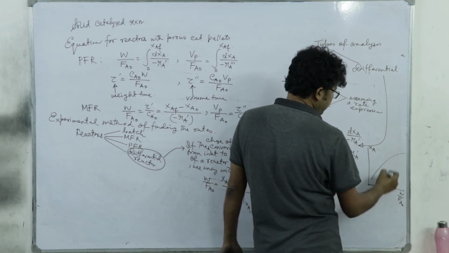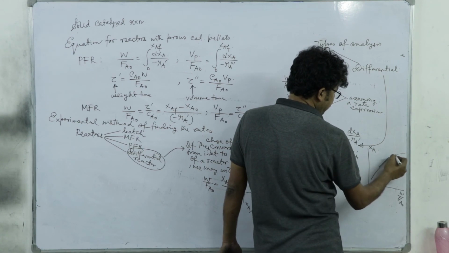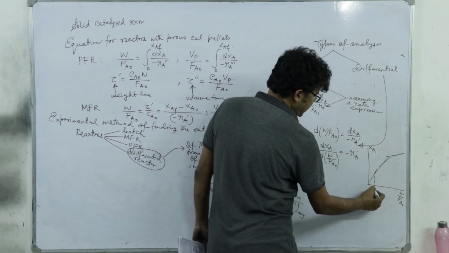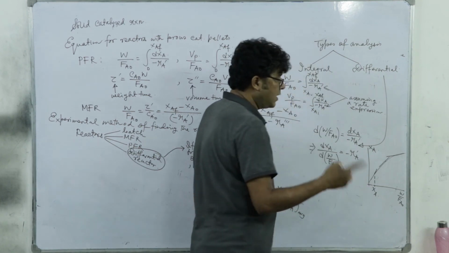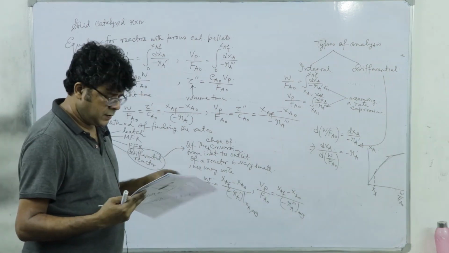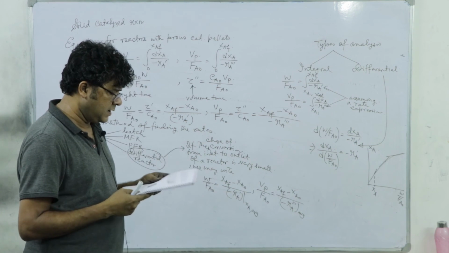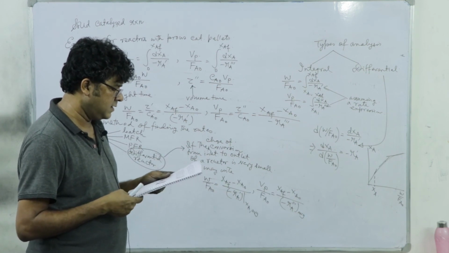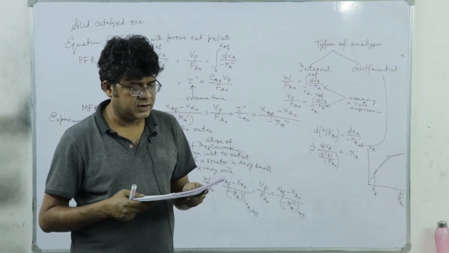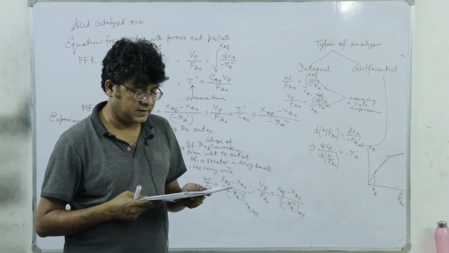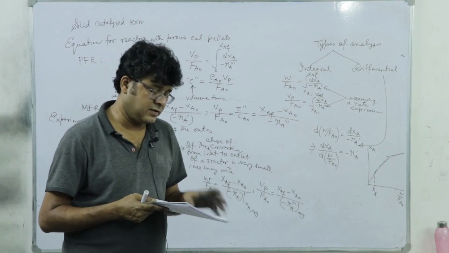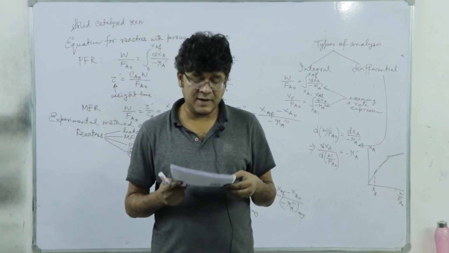Here the derivative at each and every point will give you the respective rate, and at that point, as xa is known, we can solve for the concentration and generate this minus Ra prime versus Ca plot. So, differential analysis we have done, mixed flow reactors we have discussed, and though I am not discussing it, the diagrams are given in the handout, that there are two types of experimental mixed flow reactor. One is called the spinning basket reactor, another is the vortex reactor, and there is also a configuration given in the handout for the batch flow reactor.